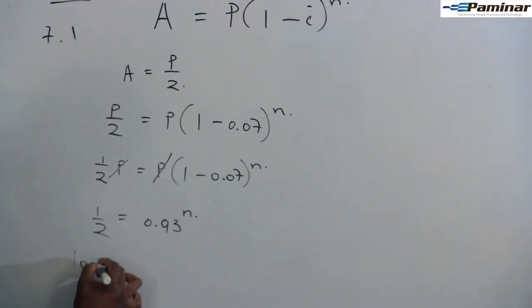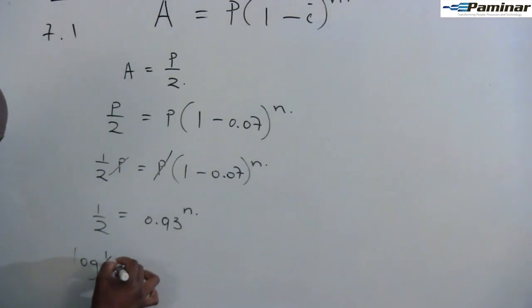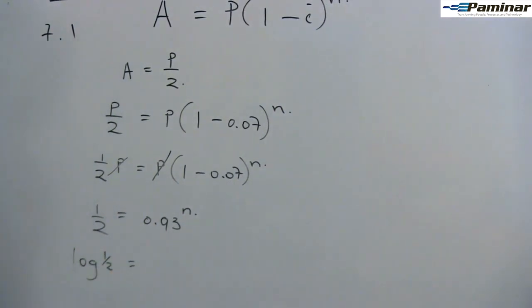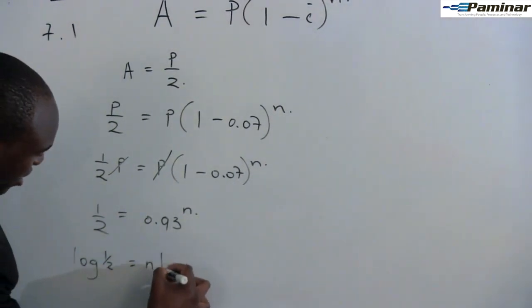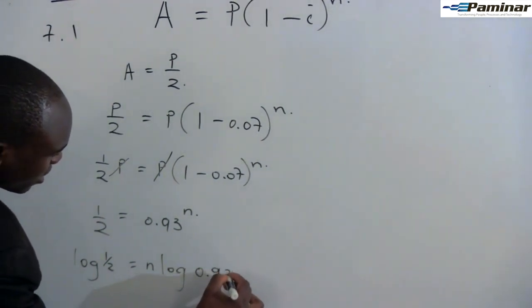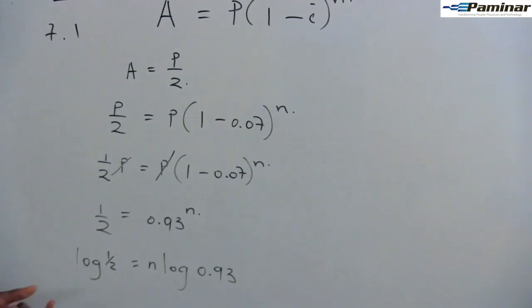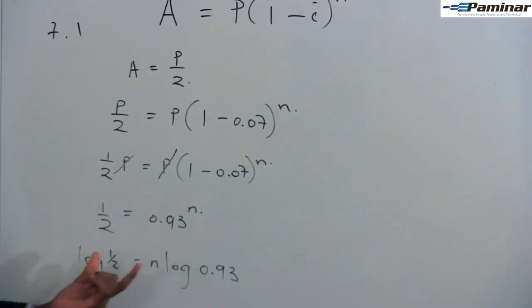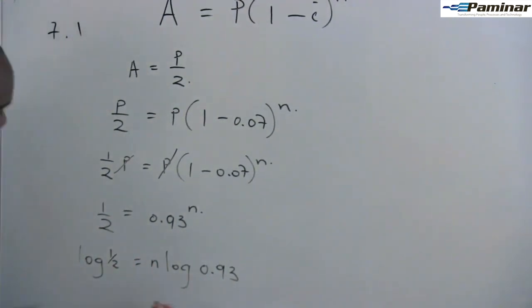So log of half is n log 0.93. Now to get n, we divide both sides by log 0.93.